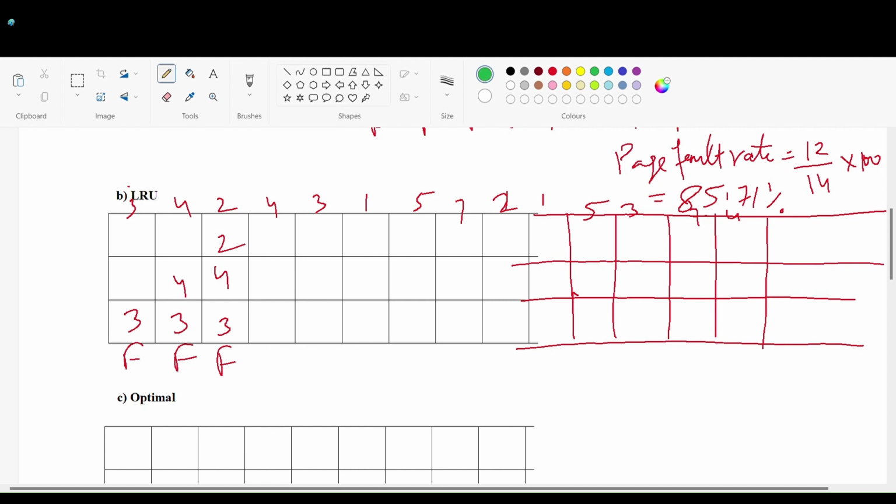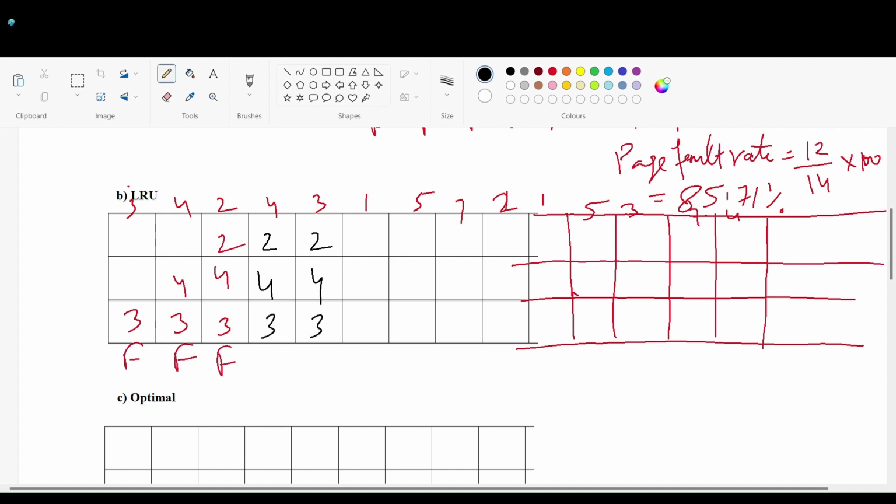For example, see here, 4 is already there, so no change. 2, 4, 3. Then 3 is also there. 2, 4, 3, no change.